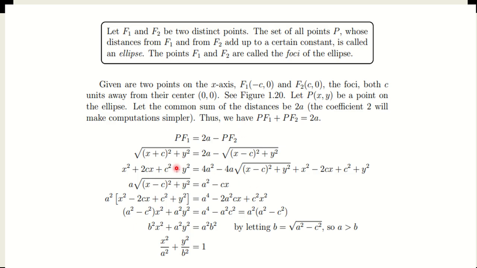Since we have the square root, we square both sides. So 2a minus the square root of the expression inside, when squared, follows the difference of squares: 2a squared minus twice the product of a and b, plus the square of b.